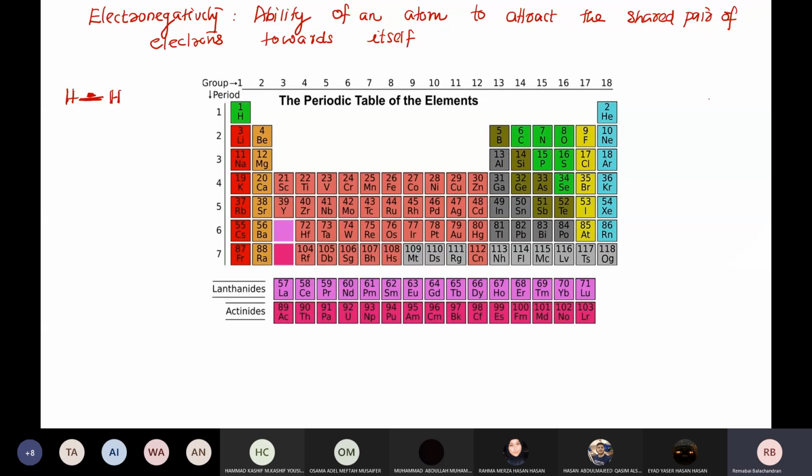Understood what I meant? Whereas suppose we have H and fluorine. Fluorine is more electronegative than H. The meaning is these shared electrons stay closer to fluorine. So fluorine gets a small negative charge and hydrogen gets a small positive charge.